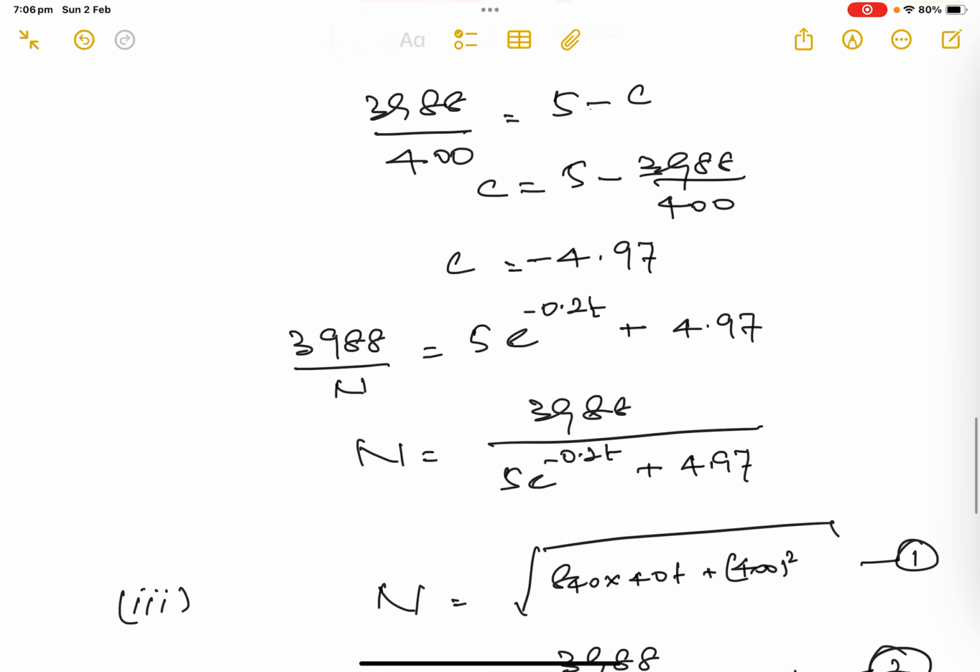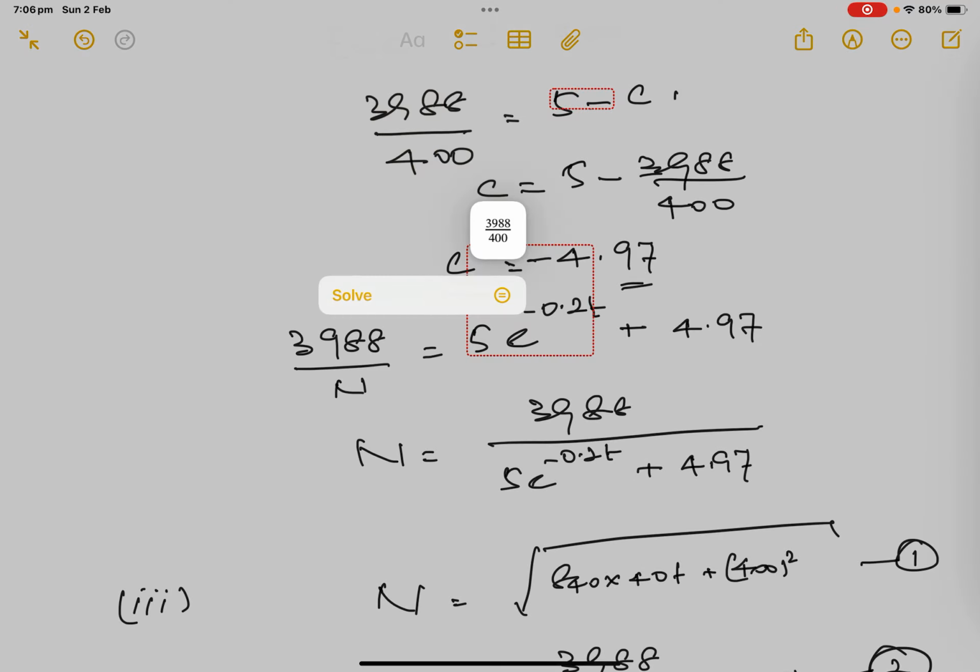Use a bit of calculator work. The answer is minus 4.97, c found. Right, now 3988 over n equals 5 e to the power of minus 0.2t. Instead of this minus c there, we put that minus 4.97, so that becomes plus 4.97.